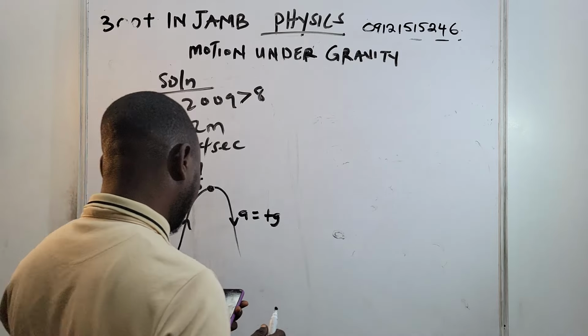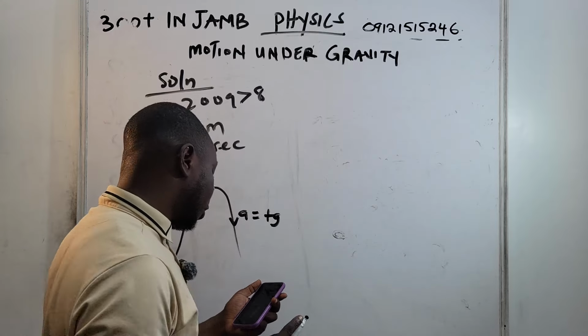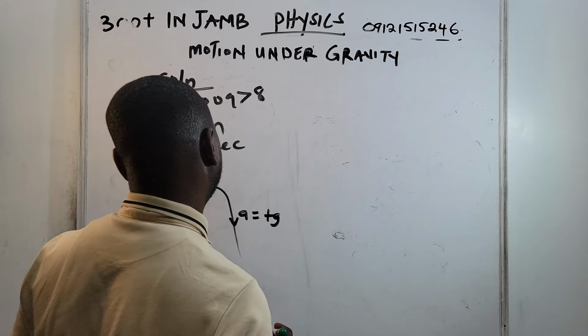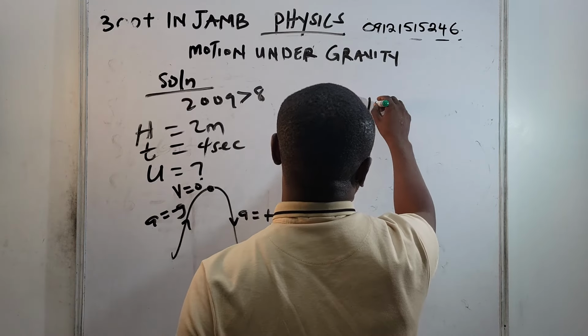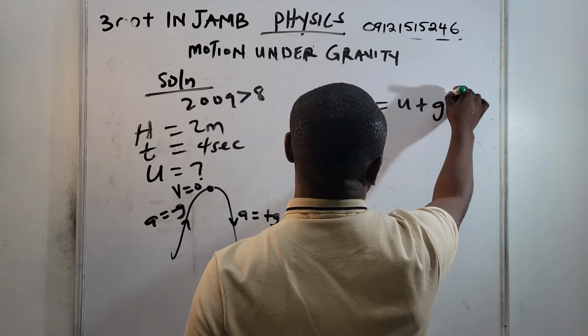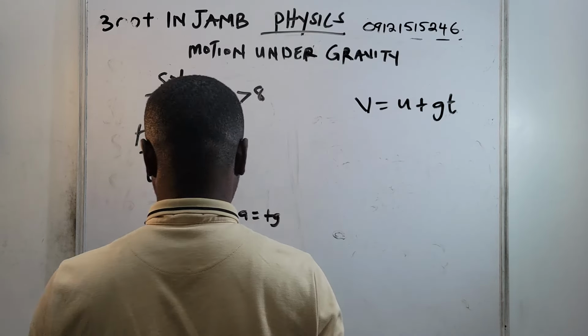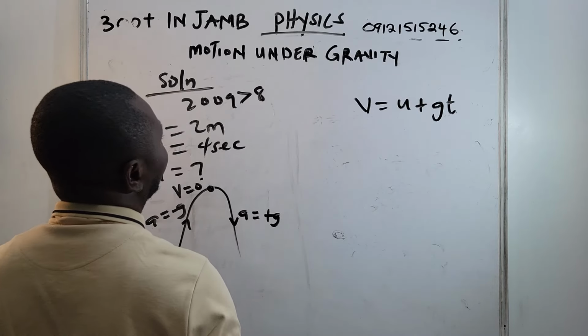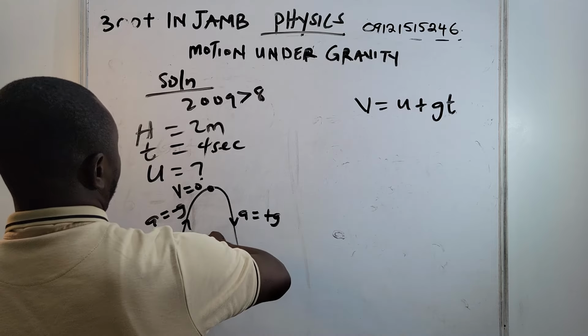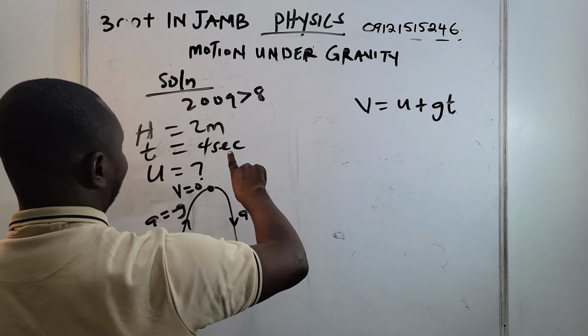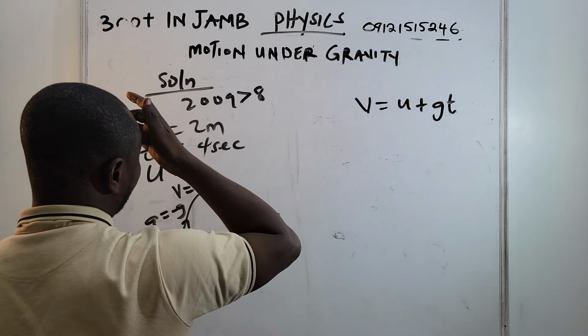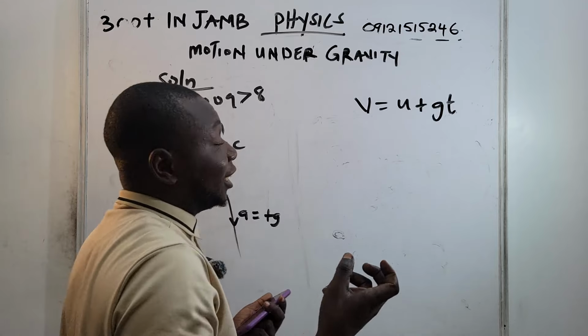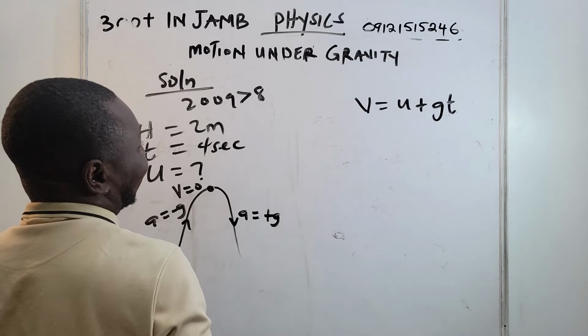Okay. Now the initial velocity of a bullet can be calculated using the relationship V equals U plus GT. When the bullet is released from the rifle, initially the bullet was at rest.